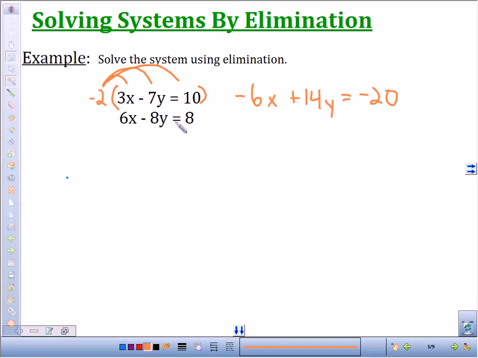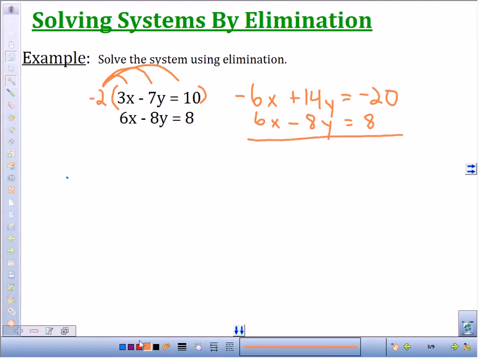I'm not multiplying the second equation by anything because I already have 6x, and these two differ only in sign. One is -6, one is +6. So I'm just going to recopy my other equation: 6x minus 8y equals 8.